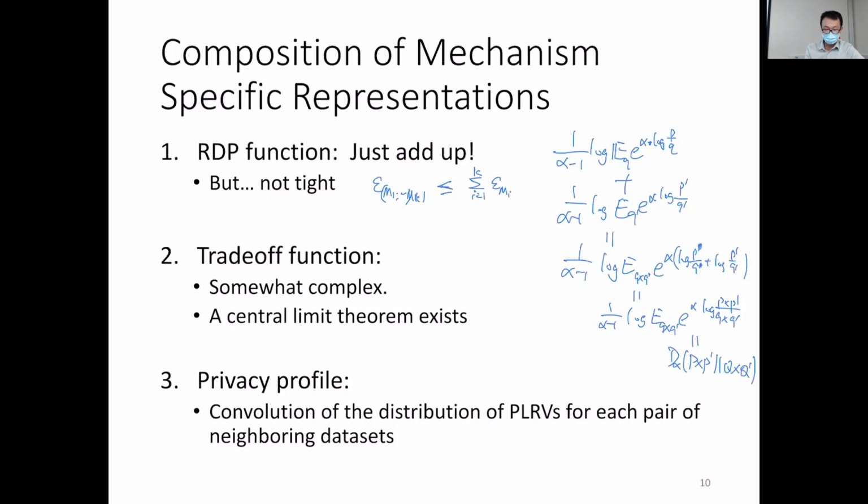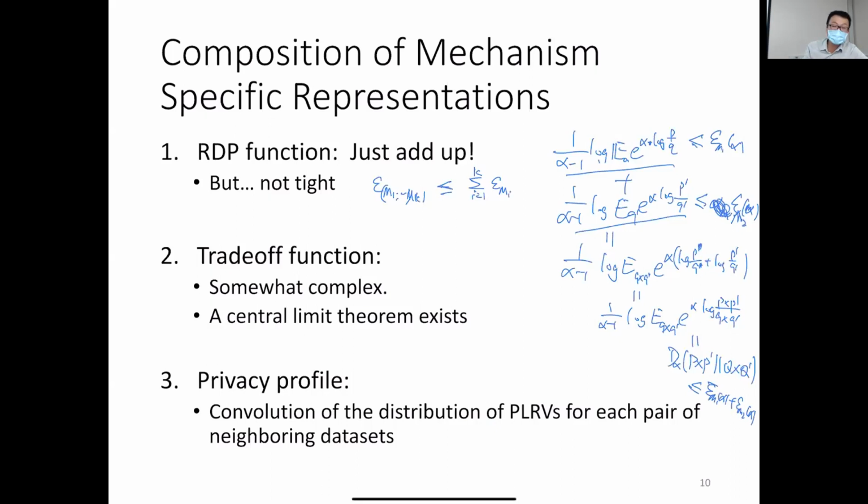And if we have RDP that is an upper bound for this one and for that one separately, this is smaller than epsilon m1 alpha, and this is smaller than epsilon m2 alpha, and the composed mechanism is upper bounded by just epsilon m1 alpha plus epsilon m2 alpha.